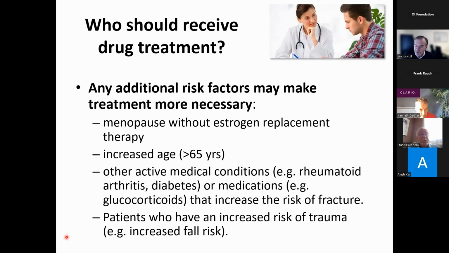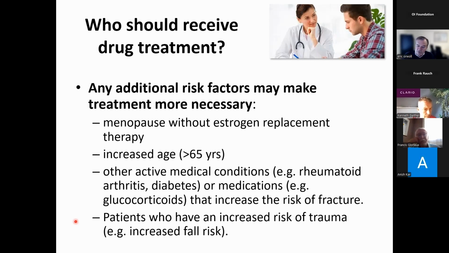And if any of those are present and can't be dealt with otherwise, might increase the need for drug therapy to reduce fracture risk. And people with OI who are at increased risk of trauma, specifically falls, might be more likely to consider drugs to increase bone strength and reduce fracture risk.